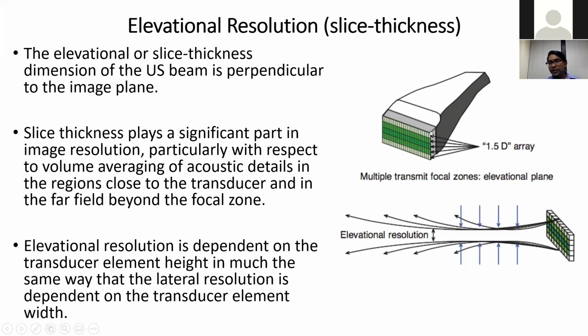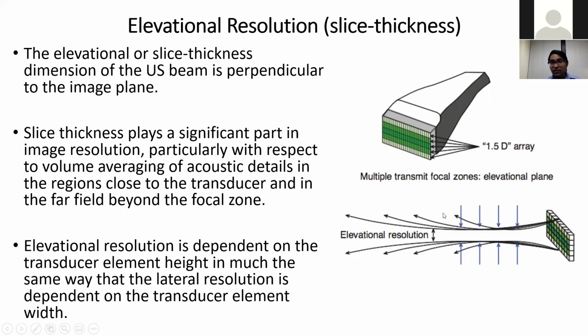But there are arrays in which you can have linear arrays stacked in the elevational direction to create multiple such linear arrays. That's called a 1.5D array. In a 1.5D array, you can focus at a particular point, and then you will have an elevational focus, and you can define your elevational resolution.